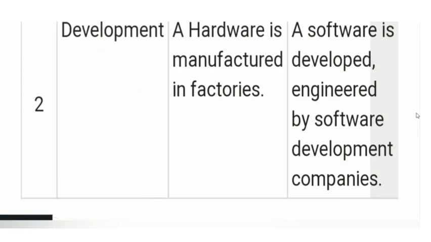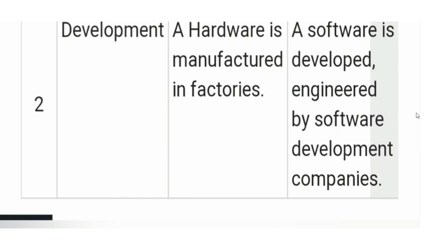Next, the key is development. Hardware is manufactured in factories. Now here, what does development mean? Development means to develop the parts of computer, whether it is hardware or software. So hardware is manufactured, hardware is prepared, hardware is made in the factories, whereas software is developed, engineered by software development companies.